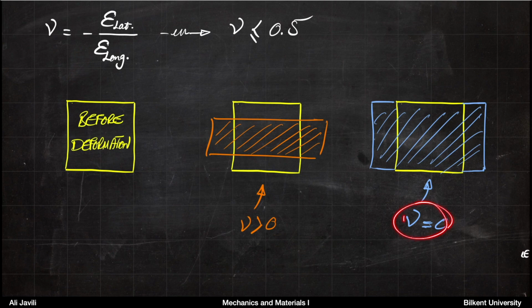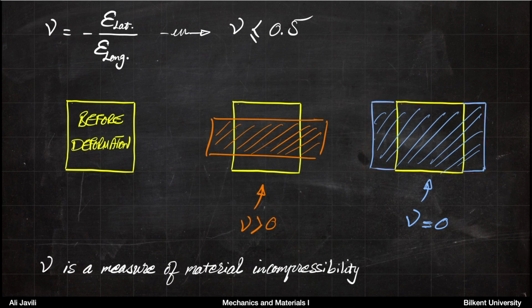Now, if you have a longitudinal strain but the lateral strain remains 0, then Poisson's ratio would be 0. So Poisson's ratio 0 corresponds to the case where you don't get any lateral contraction due to longitudinal extension.